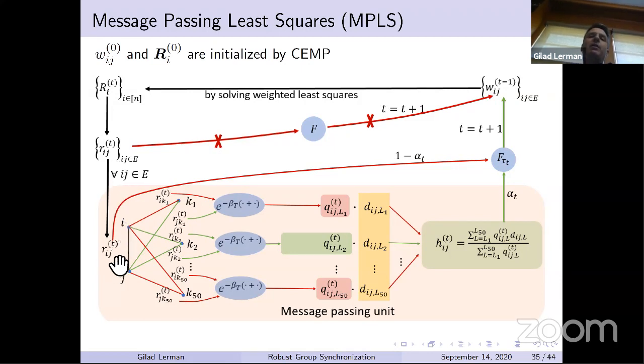Given the residual at iteration t, we improve it by looking at all the neighboring cycles and applying a similar nonlinearity and a weighted average to get a better estimate for the residual, and then apply a similar function to get weights, and then repeat, and so on. We call this the message passing least squares algorithm, or MPLS.